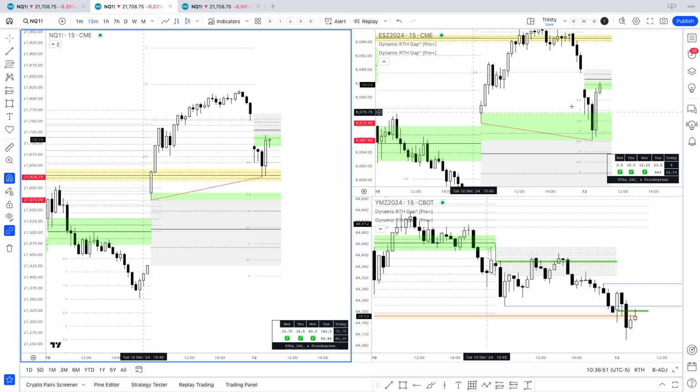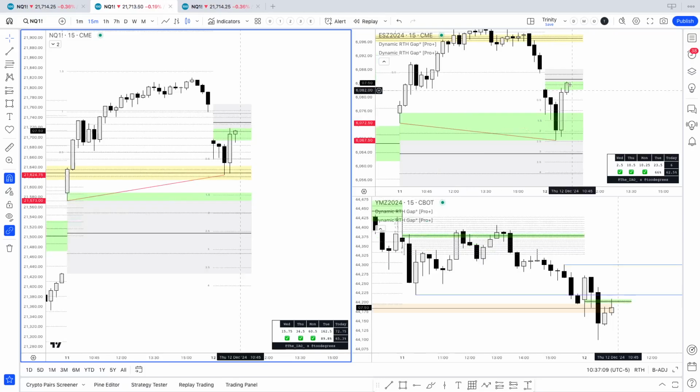Look, for example, ES has the 62.5% of the gap open. Now we are trading almost at the 50% here. Nasdaq is trading at the 75.3% of the gap. Now we are tapping into the consequent encroachment on ES.